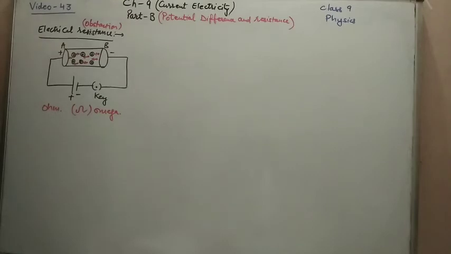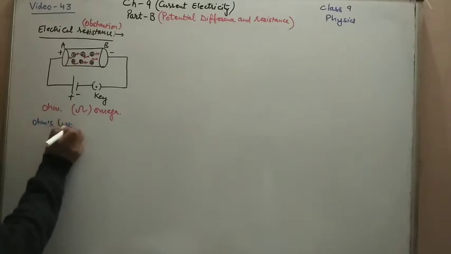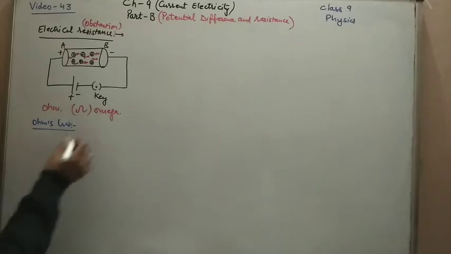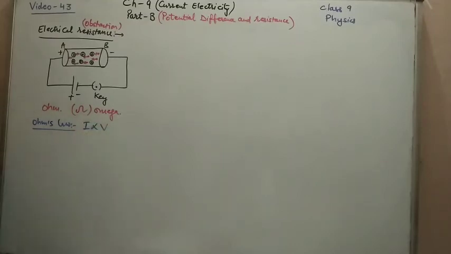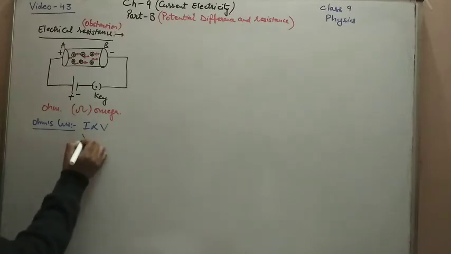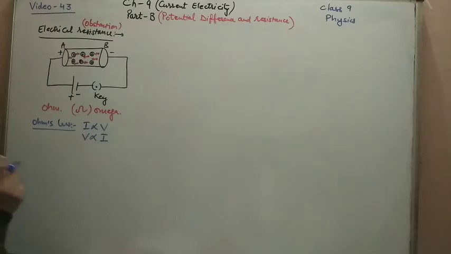Then there is another important law, that is Ohm's law. According to Ohm's law, current is directly proportional to V, that is voltage. And similarly, I can write V is directly proportional to current.